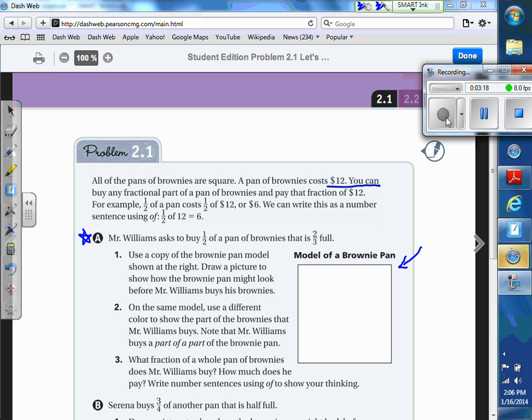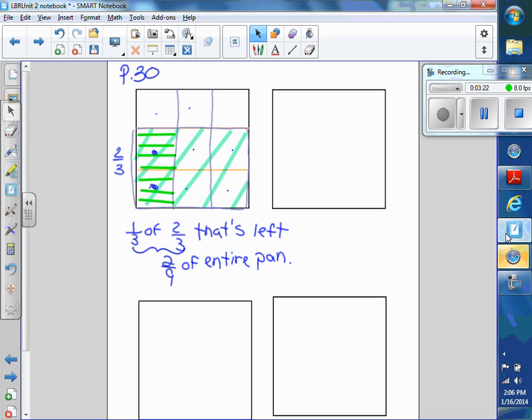But if we go back to the $12, can we use that concept to figure out if the second person bought 2/9 of the entire pan, and the entire pan cost $12? Did you figure that out?